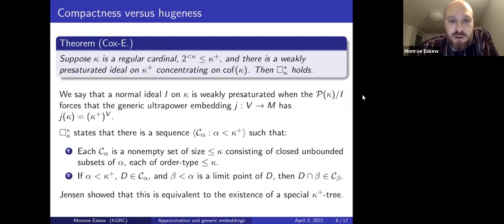This result came about after trying to find the consistency of the opposite. We wanted to get a model where there's a saturated ideal on omega 2 and the tree property at omega 2 holds.